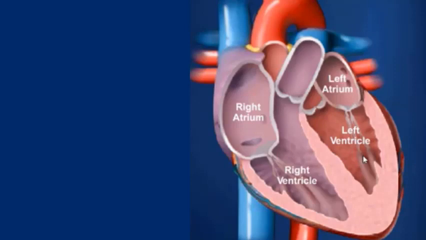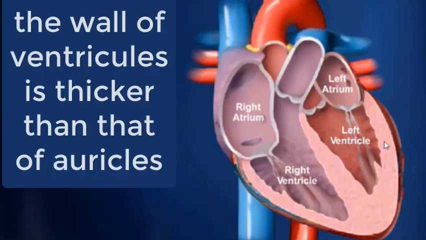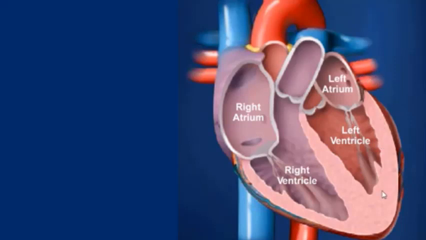So the push right here should be stronger than that achieved by auricles. Because of that, we can say that the wall of the ventricles is thicker than the wall of the auricles, because ventricles are supposed to exert more pressure for the blood to go outside the heart, makes its circulation, and then comes back into the heart.